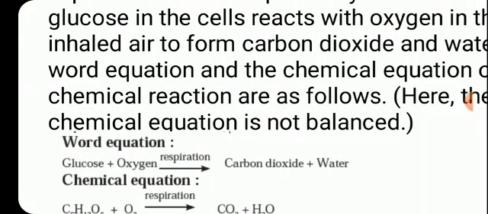So in the word equation, glucose and oxygen are written on the left hand side of the arrow. They are reactants, and carbon dioxide and water are new substances which are formed here in the process of respiration, and they are products.